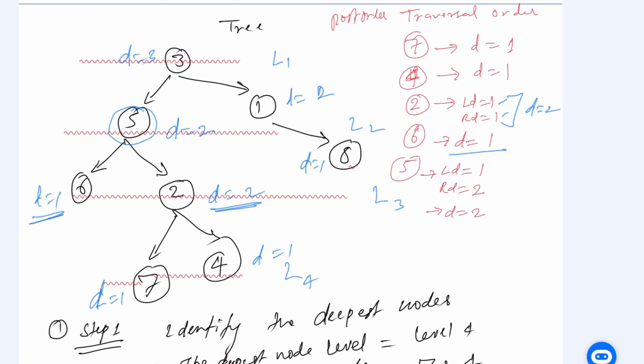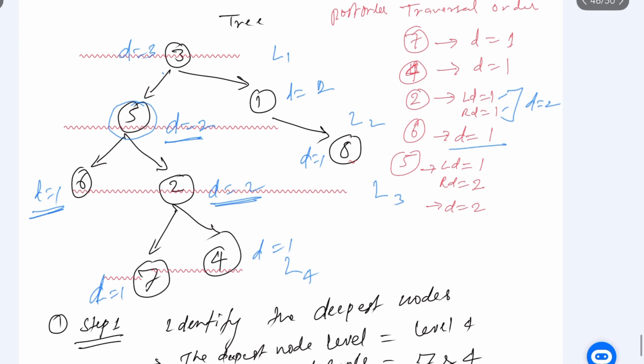The left depth is equal to 2, and the right is also 2. So the depth for this node is left 2 and right 2, so it will give 2.